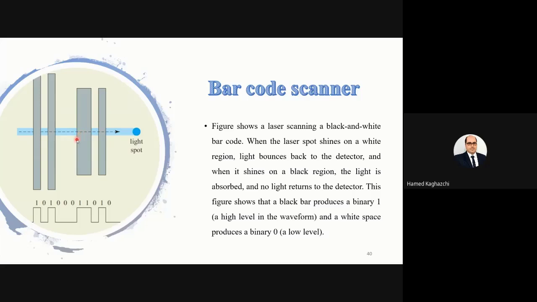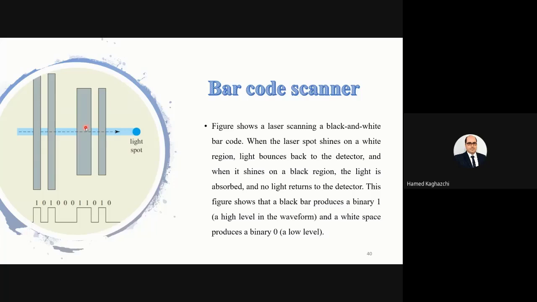So when the laser shines on the white and black regions in the barcode, the white section bounces the light and the black one absorbs it.